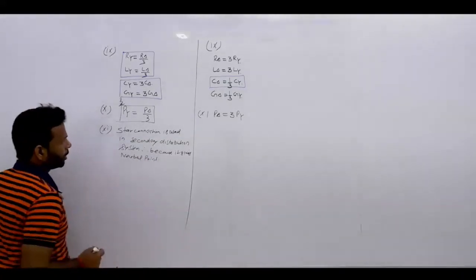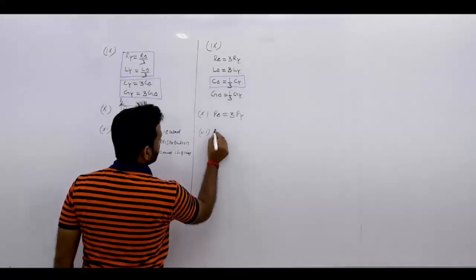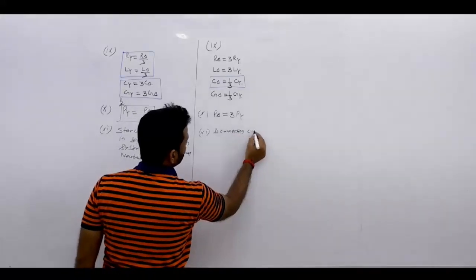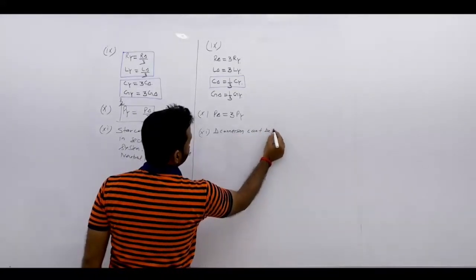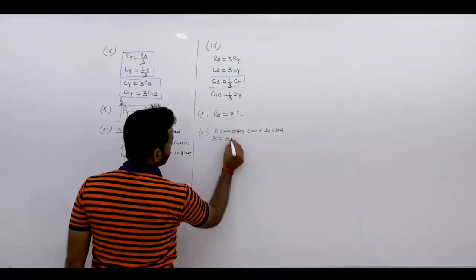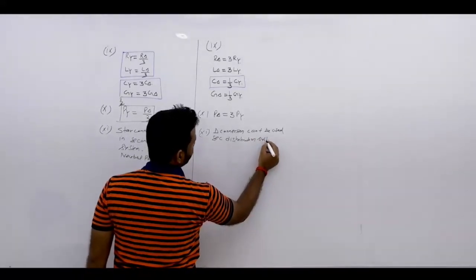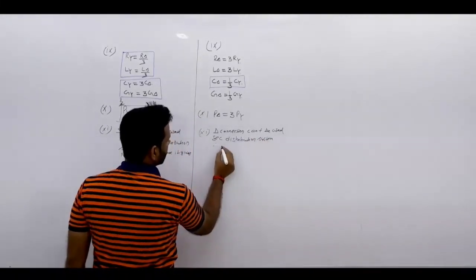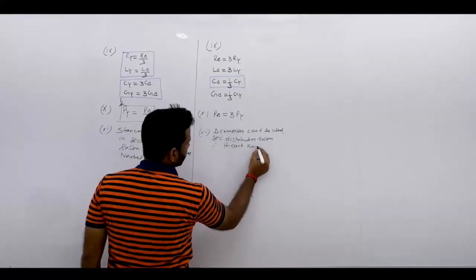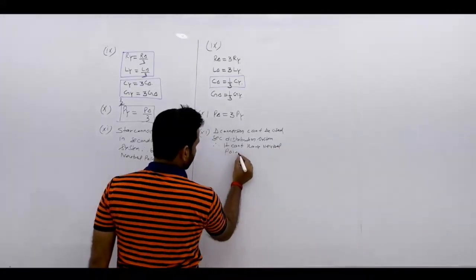But the delta connection cannot be used in the secondary distribution system, since it cannot have a neutral point. Okay, till here.